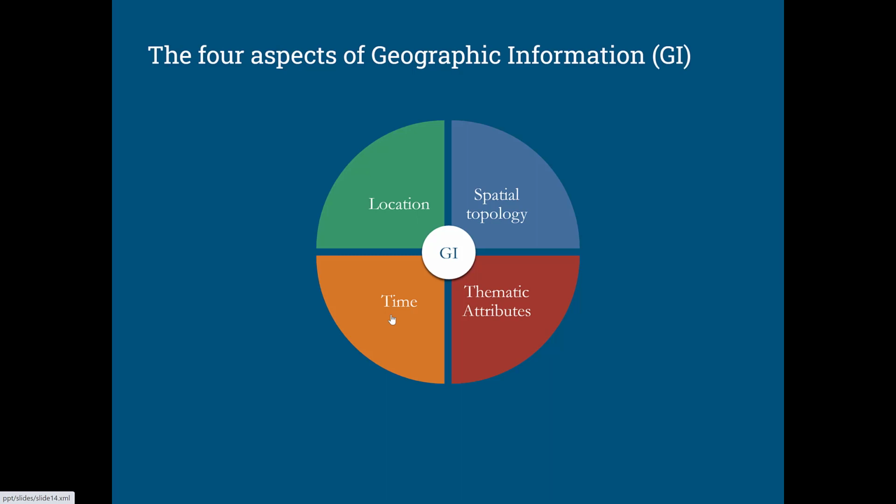And spatial topology. What's that? Note, it's not topography. Topography is the shape of the terrain. Topology is the relationship between different features on Earth's surface.